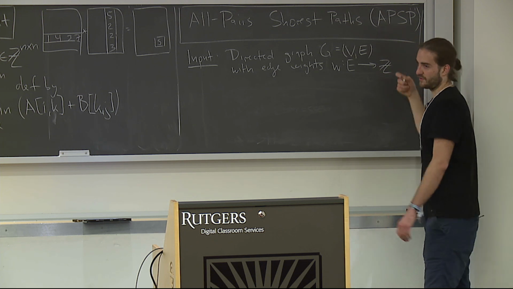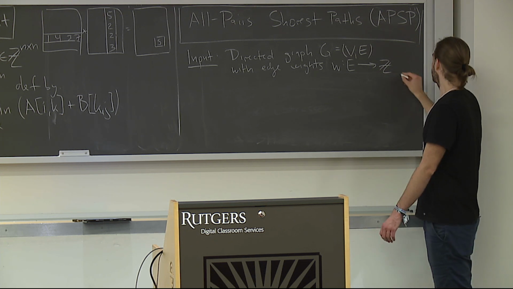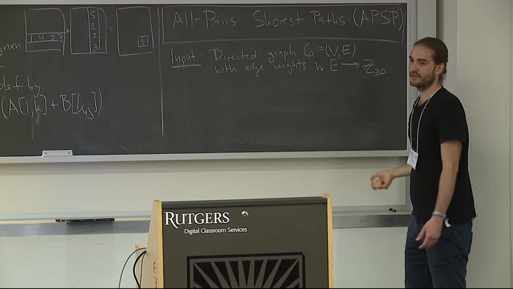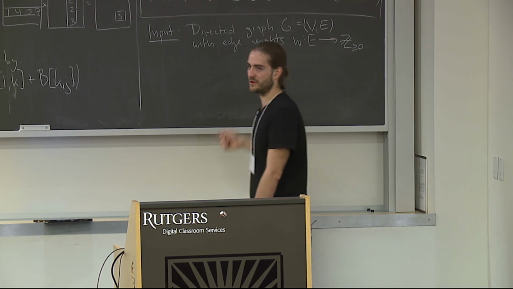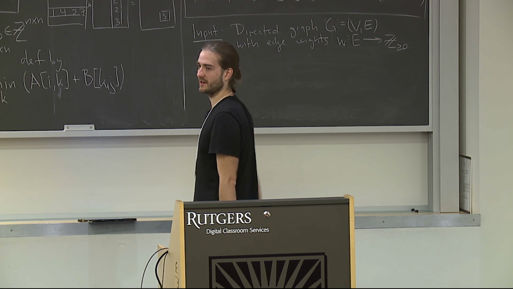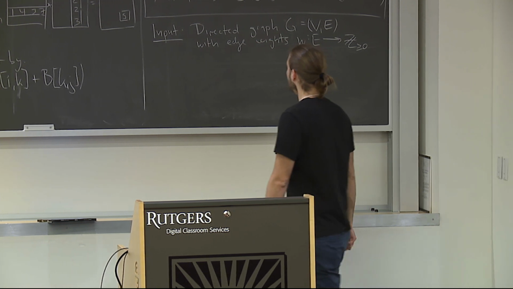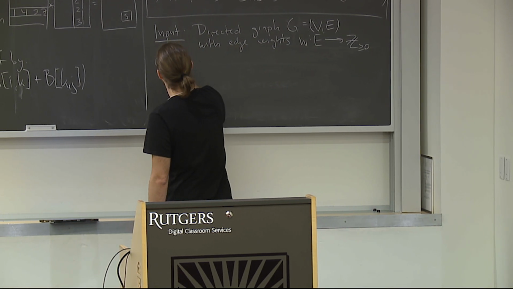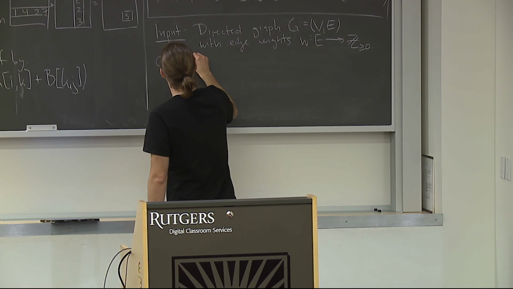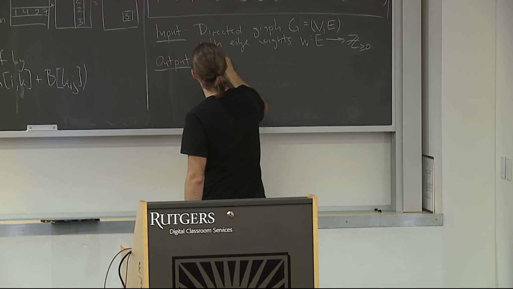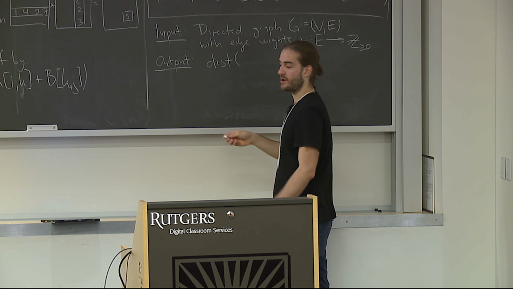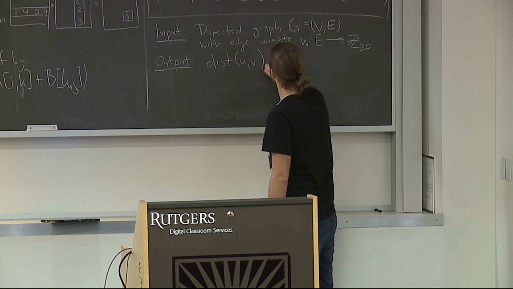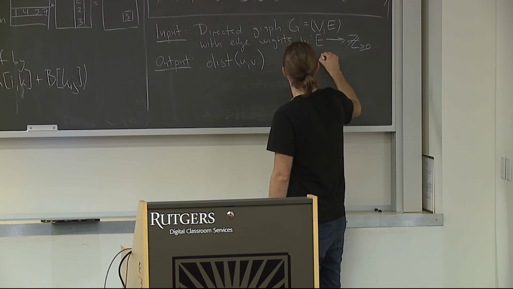It's reasonable to ask for proper integers here, but actually, I like to think about the problem in terms of non-negative integers because then distances make more sense. Turns out they're equivalent, so I'm just going to work with non-negative integers for distances. The output is to compute the distance, which is the length of the shortest path from U to V for all pairs U and V.